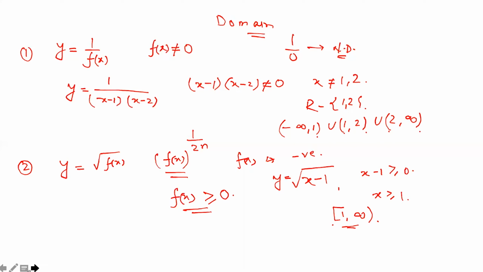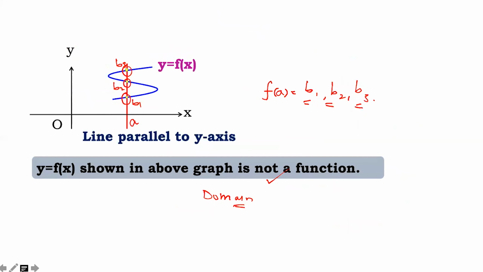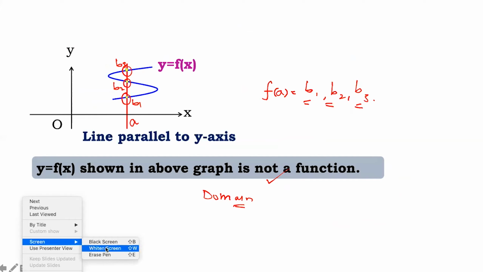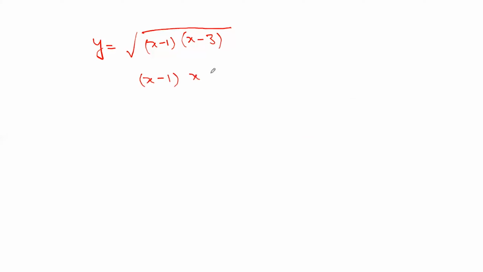Again, if we want to go for values like y is equal to under root of (x minus 1)(x minus 3), then (x minus 1)(x minus 3) must be greater than or equal to 0.